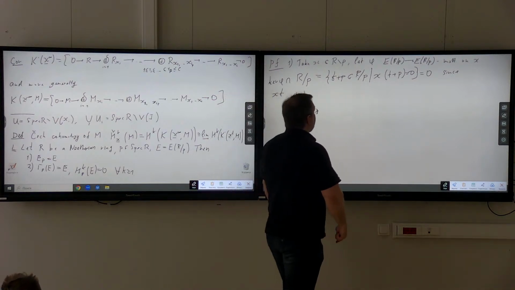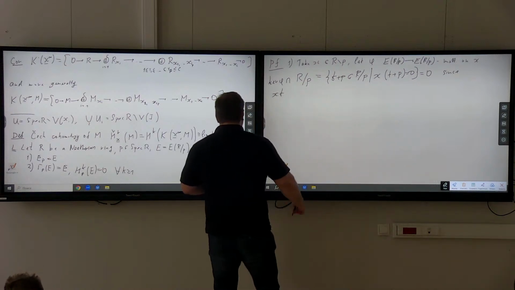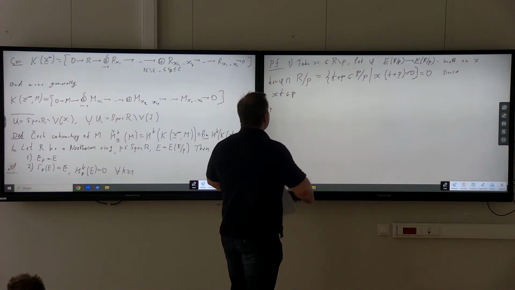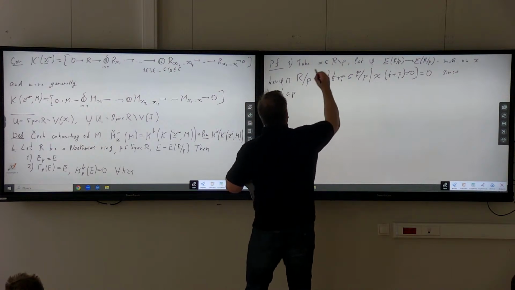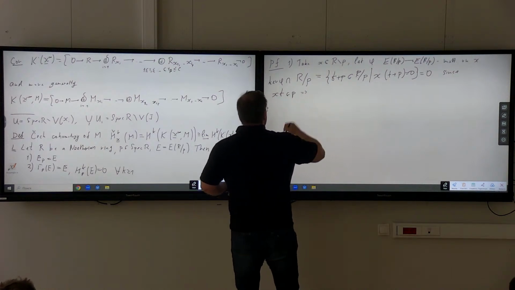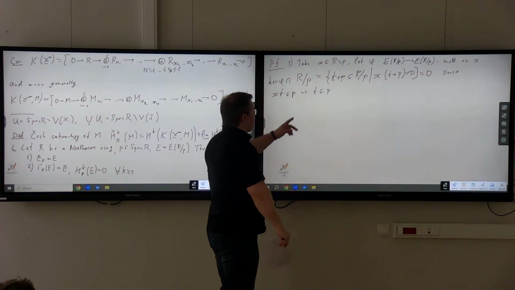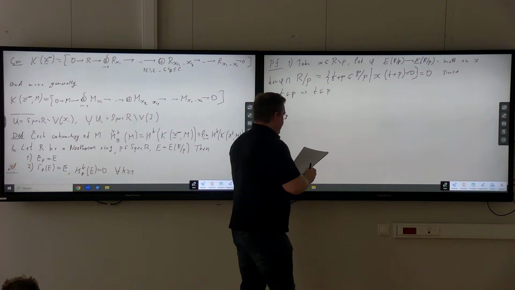if we have x times this class equal to 0, it means that x times t is actually in P. We know that x is not in P, because we chose it this way. So using that P is prime, we conclude that t is in P, but it means that the class we considered to begin with was a zero class, right?